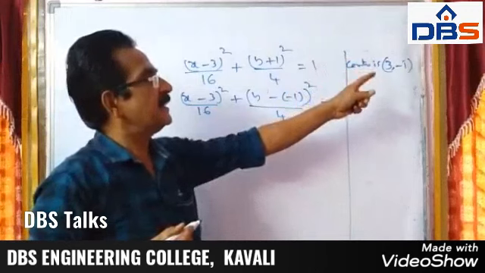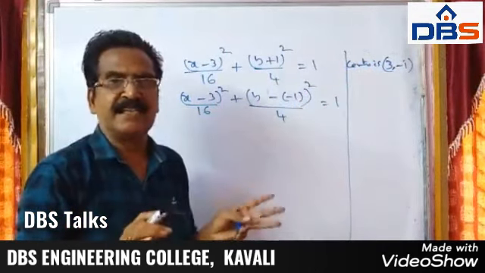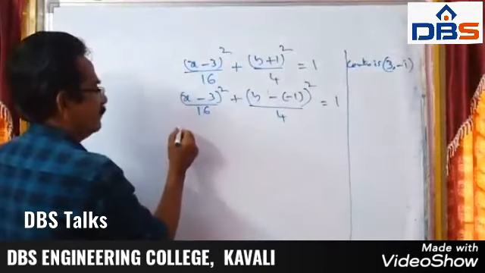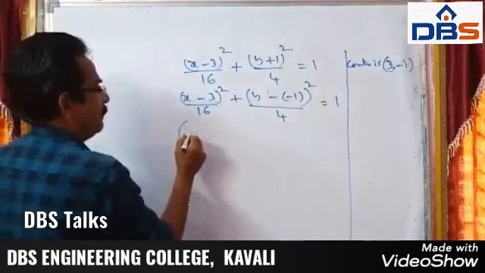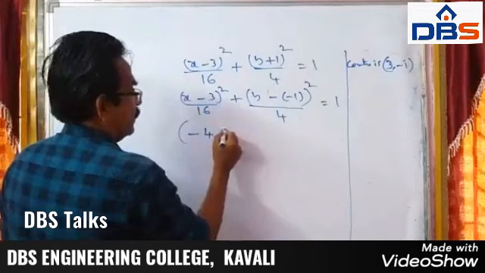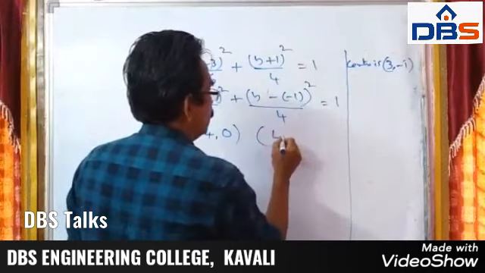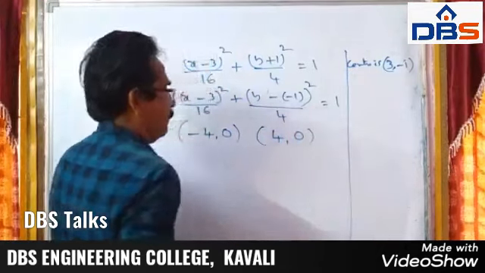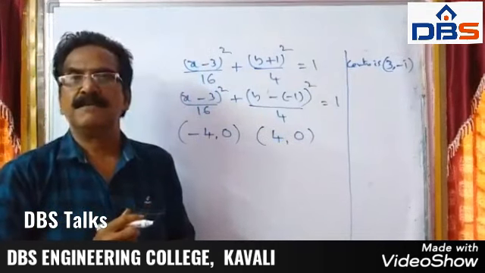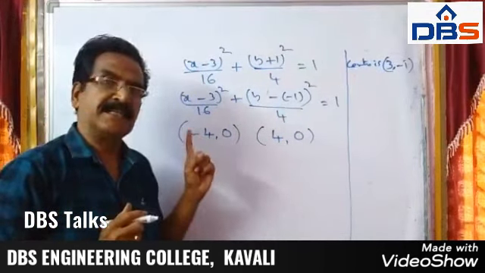Here the center is 3 comma minus 1. So we have to add the center to the vertices. That's all. Here a is 4, so minus 4 comma 0 and 4 comma 0 are the vertices of the ellipse where the center is 0, 0.